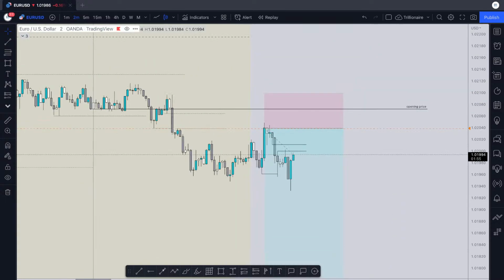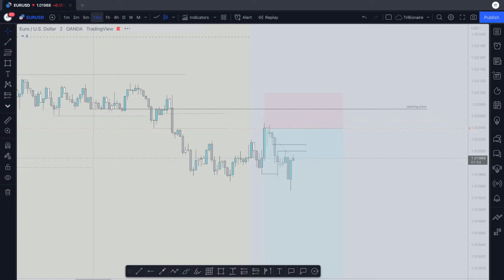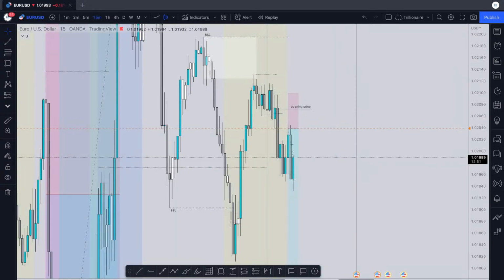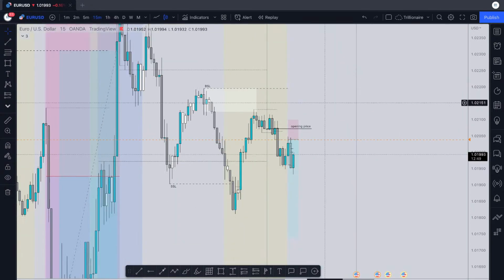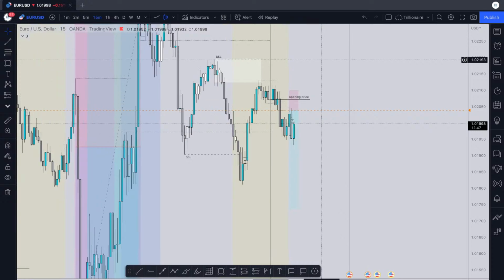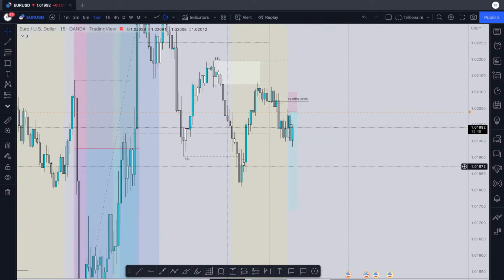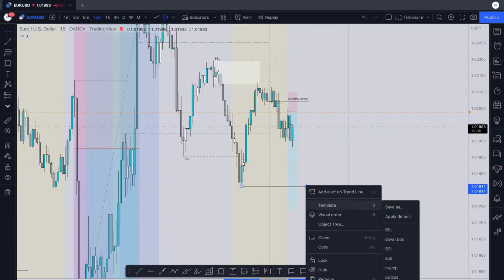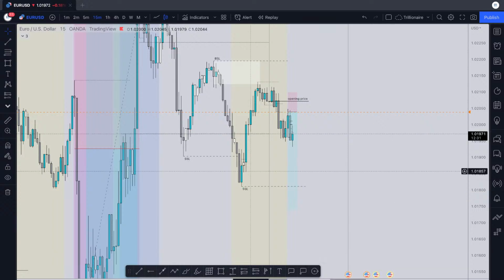So based on the M15 time frame here, we've already targeted sell side liquidity, then we had a retracement. So I'm looking to target more sell side liquidity. Once price actually taps into this region here, we could look for a possible sweep and then a reaction for price to go higher.